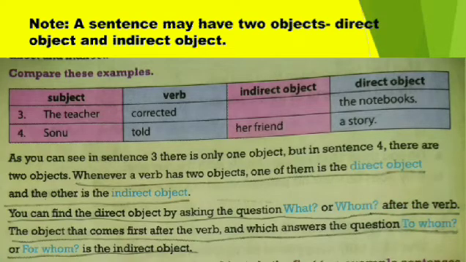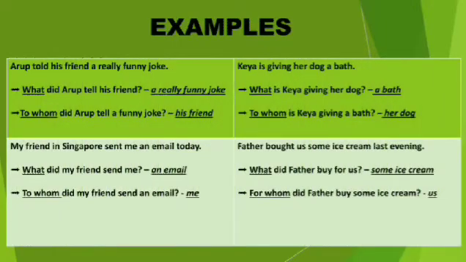The answer we get is the direct object. But the object that comes first after the verb and answers the question to whom or for whom is the indirect object. It may sound a little tricky or difficult, so we will see some examples.